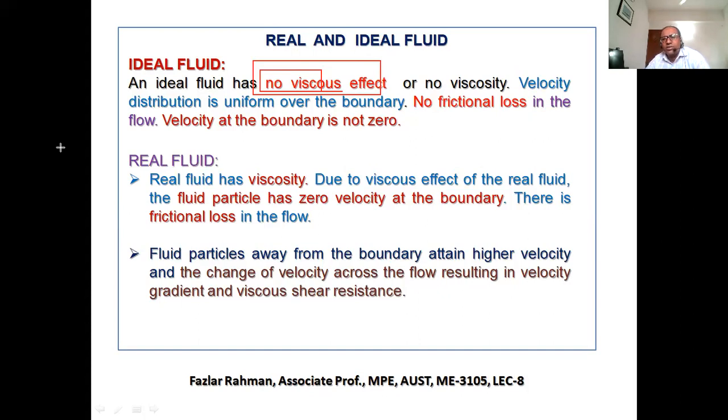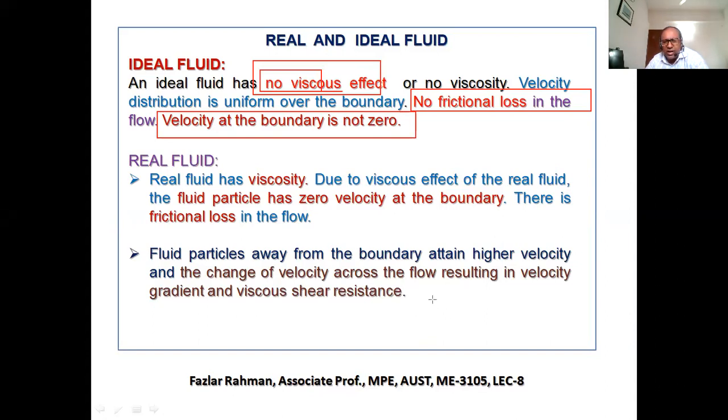If there is no viscosity of the fluid, then there will be no frictional loss, and the velocity of the fluid at the boundary is not 0. That means there will be slip between the fluid and the surface of, say, the pipe. And the velocity distribution is uniform because there is no viscosity of the fluid.